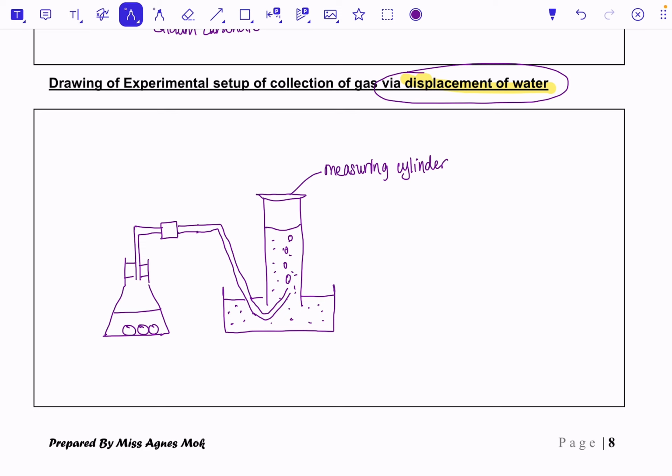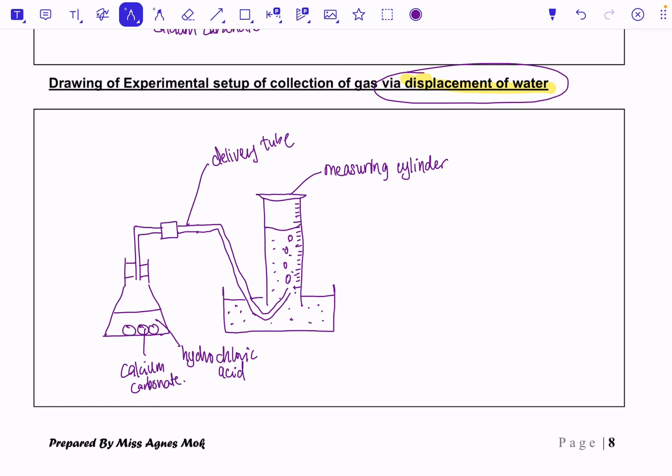And if you want to show that you can measure the volume of the gas, you can add in the markings. 4 short, 1 long is the standard way I use. 4 short, 1 long, 4 short, 1 long. So that's the measuring cylinder, and this is the delivery tube. And this is the hydrochloric acid, calcium carbonate.